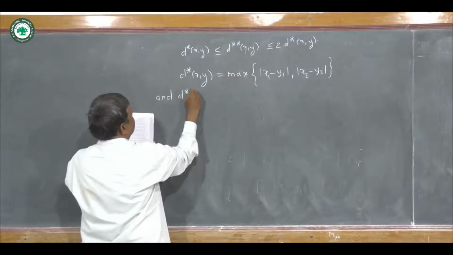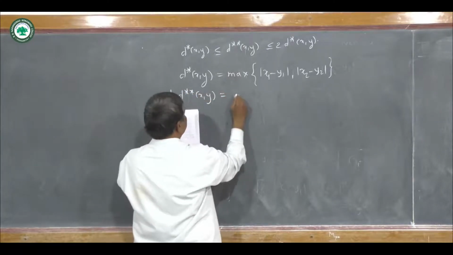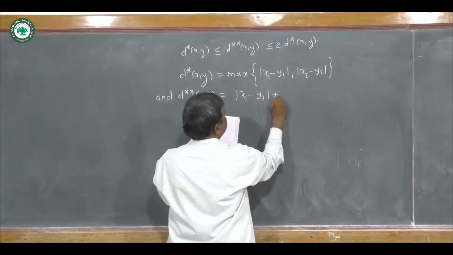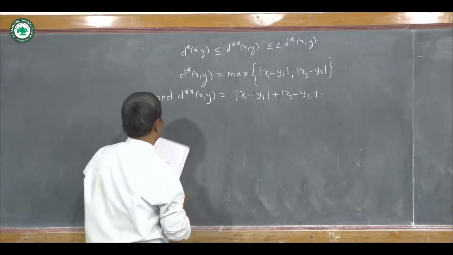d star star of x comma y is equal to absolute value of x1 minus y1 plus absolute value of x2 minus y2.